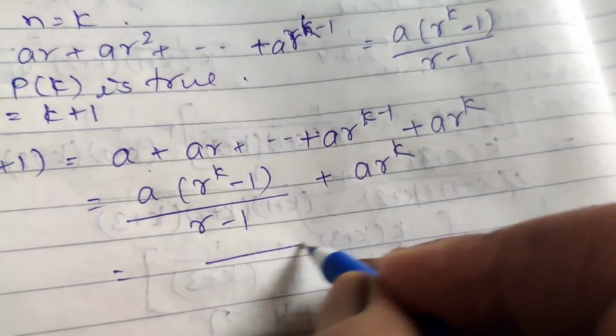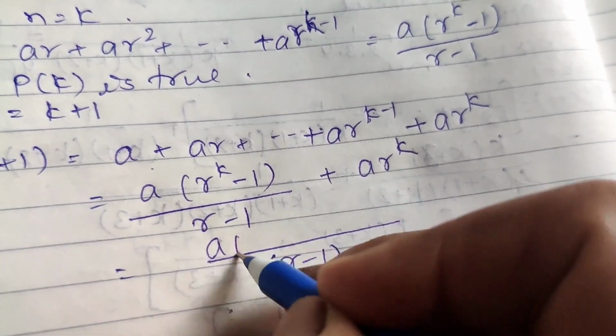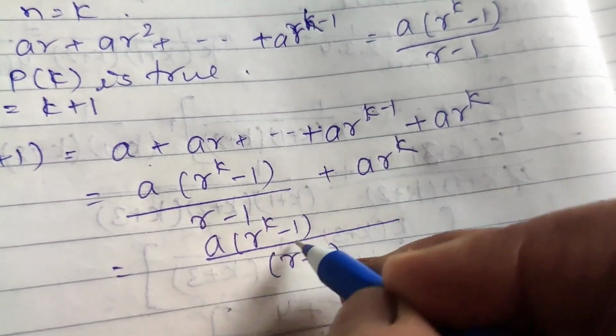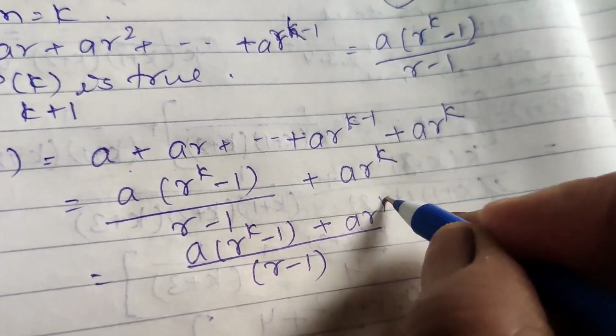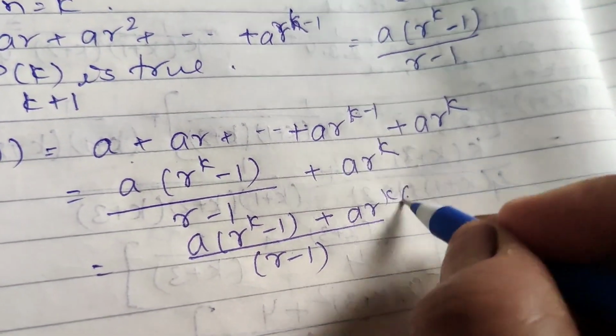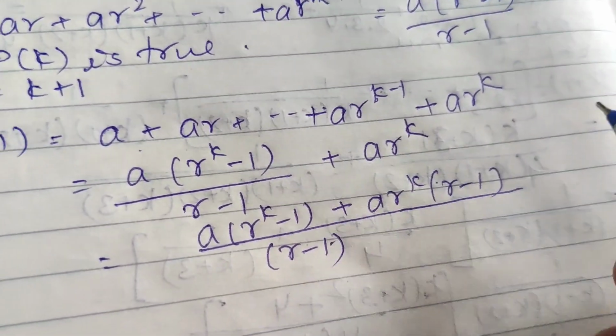Now taking the LCM r minus 1, so we get a(r^k - 1) + ar^k(r - 1) over r minus 1.